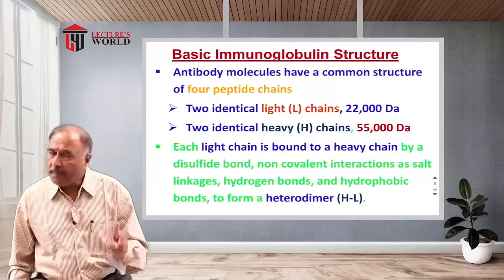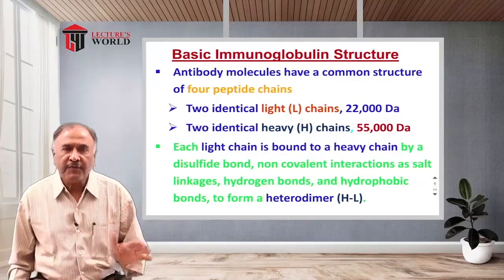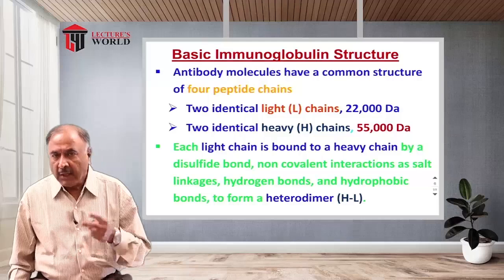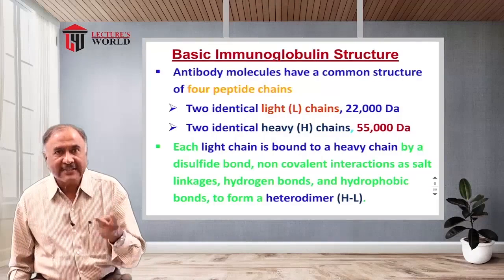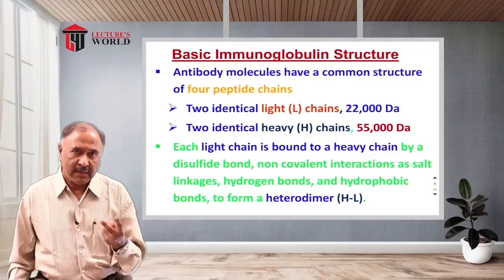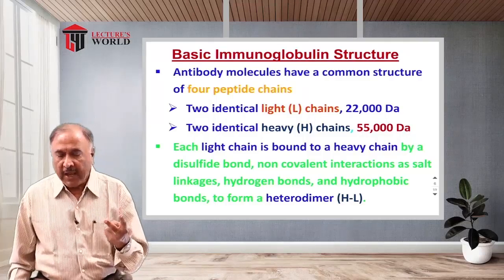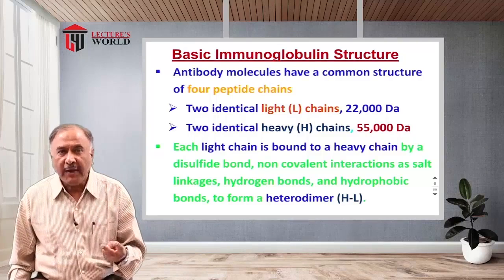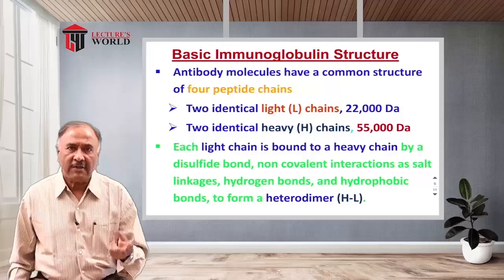So 4 peptide chains are there. Out of these 4 peptide chains, there are 2 identical chains known as light chains, represented as L, and their molecular weight is approximately 22,000 Daltons.